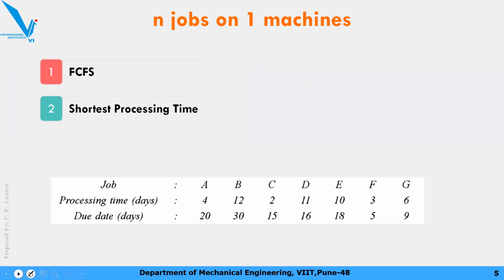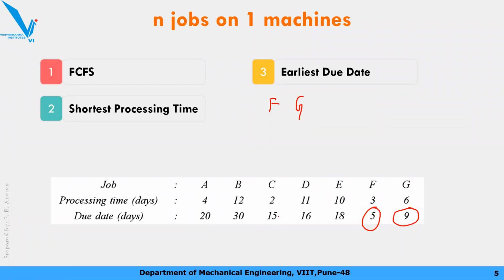Next one will be based on earliest due date. So जब जो सबसे पहले आपको रिटर्न करना है जॉब या कंप्लीट करना है, you will start with that job first. So here F is due early, so हम सबसे पहले start करेंगे F job. Then the next job due is G, so we will work on that and we will complete it.